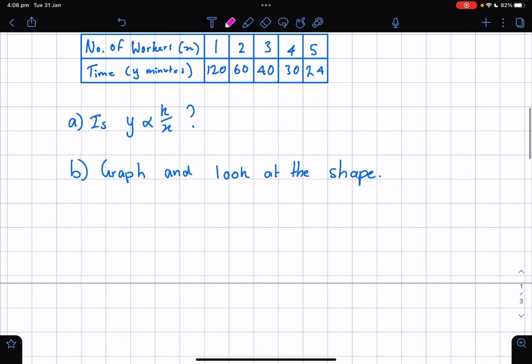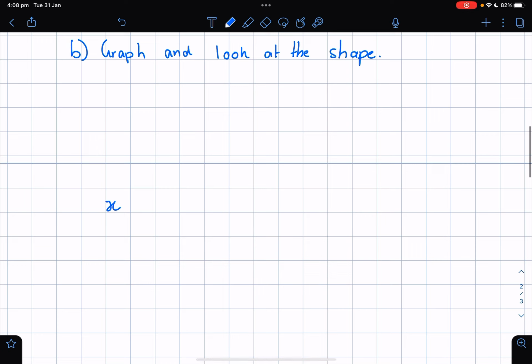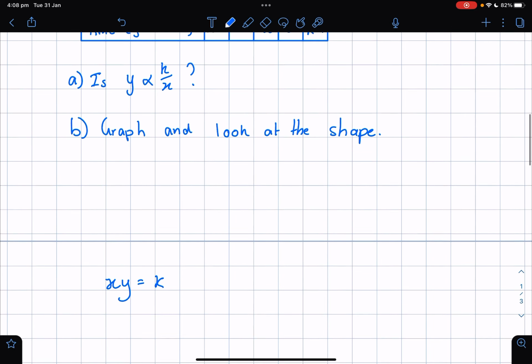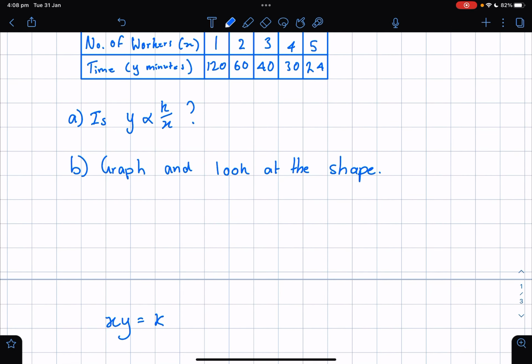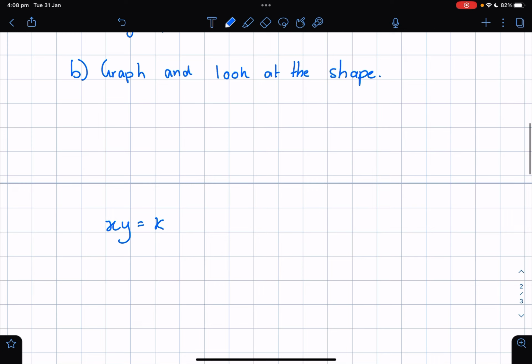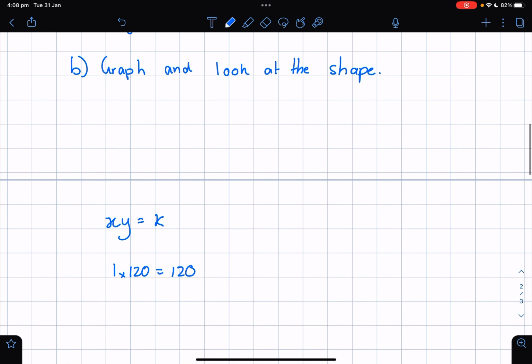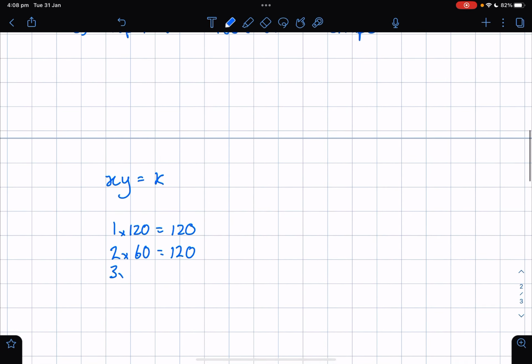If we are looking at proving whether two variables are inversely proportional, we need to satisfy the condition x times y is equal to some k. So what we need to do is check every single point. For x equals 1, y equals 120, that is equal to 120. For x equals 2, y is equal to 60, that is also equal to 120. 3 times 40 is 120.